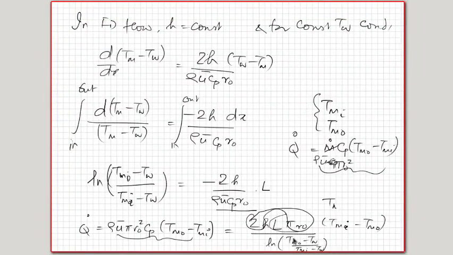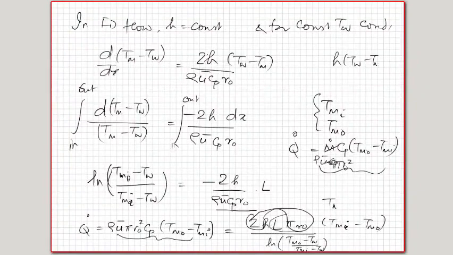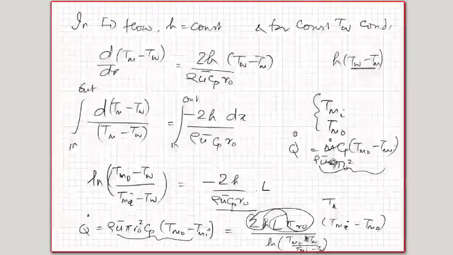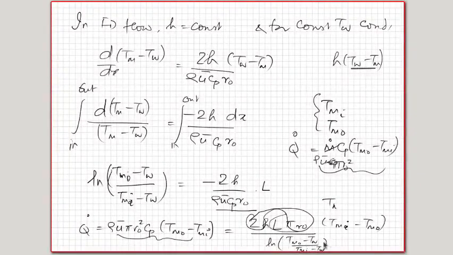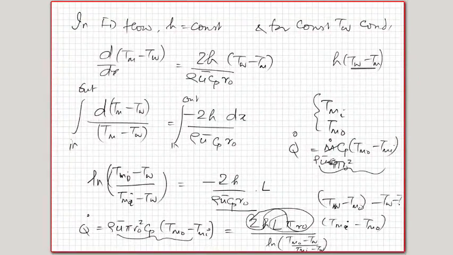So since our heat transfer happens H into T wall minus T mean is the local heat transfer at a location. So let me write it in terms of T wall minus T mean. So I can multiply by minus 1 both numerator and denominator without any change in effect here. Here I can write it as T wall minus Tmo minus T wall minus Tmi.